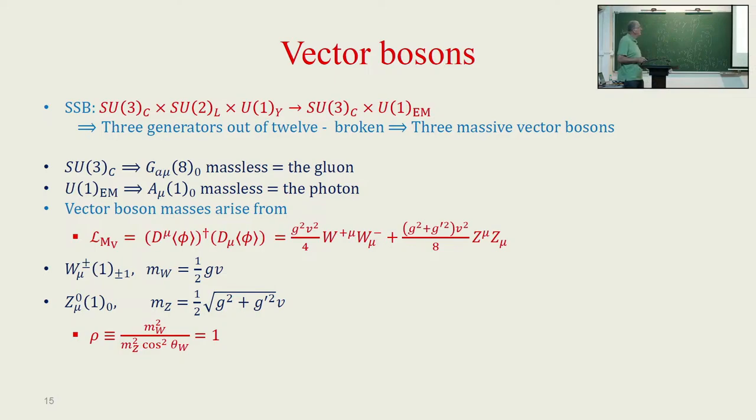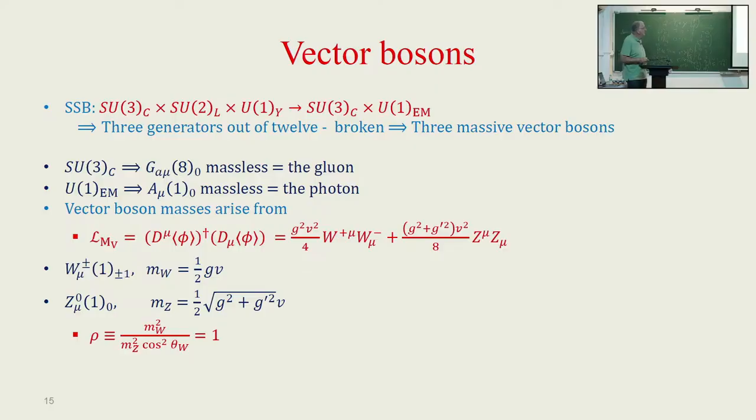Also, since we have an exact gauge symmetry, local symmetry, U1 electromagnetism, there is a field which is a singlet of SU3 cross U1, the photon field, and it's massless. And we already know that the gluon does have self-interactions.